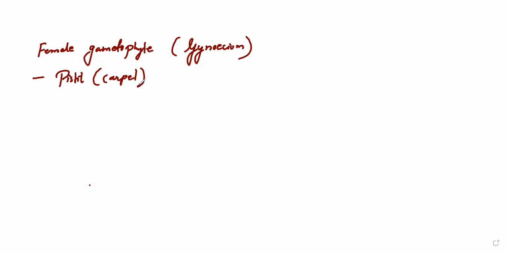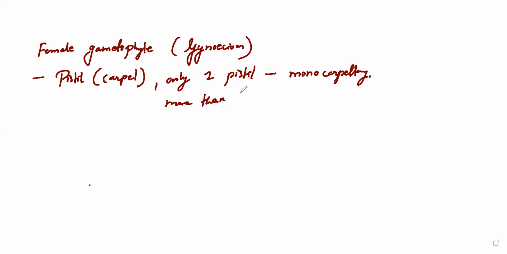If it consists of only one pistil or carpel, then it is termed as monocarpellary. And if it has more than one, then it will be called as what? Multicarpellary.